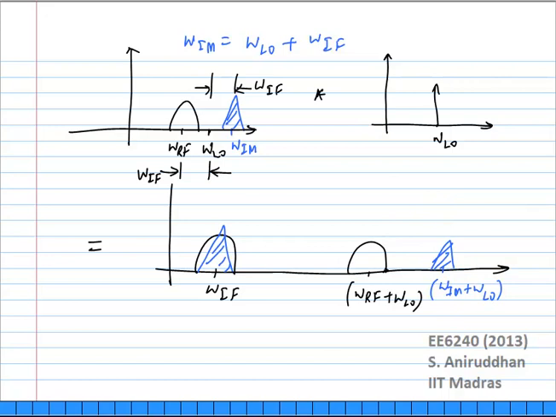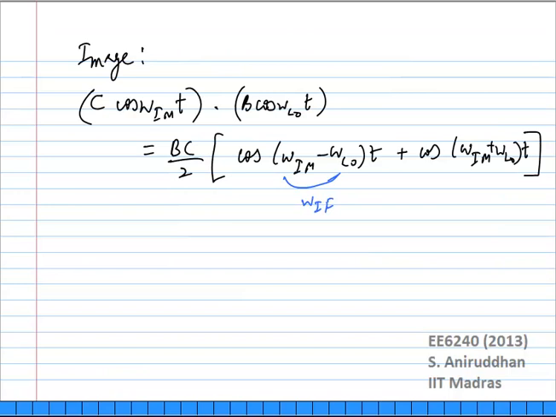Okay? How do you get rid of this problem? This is obviously a problem because you don't even know what is there at the image frequency. Right? Do you know what is there at the image frequency? You don't. So how do you solve this problem? Okay, so that is one option. One option is remove or filter out the omega IM component.